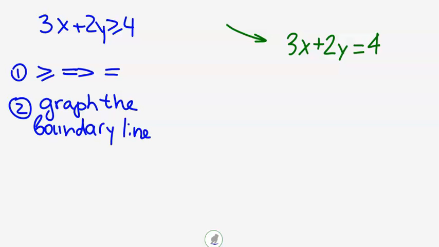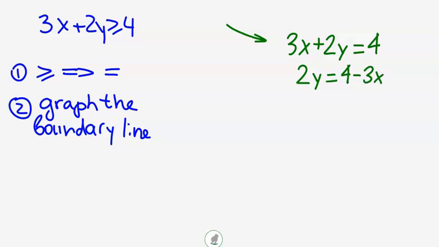There are different ways of graphing it. So how can we graph it? We can use 3 points, we can use x and y intercepts, or we can just use slope-intercept form. Yeah, solve for y. Okay, so let's do it. We'd subtract the 3x, so it's negative 4 minus 3x.